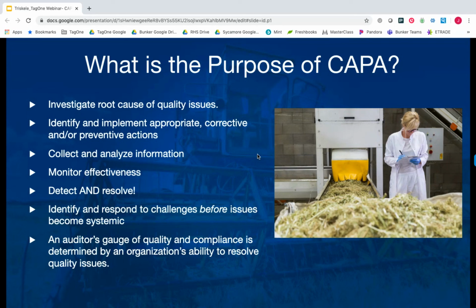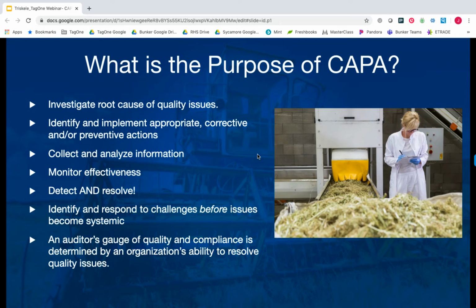Sure. The last bullet on the slide pretty much sums up the rest of the information on this slide. When an FDA auditor or some other regulatory body comes in to review your quality management system, the first thing they typically ask for is a list of your open CAPAs.